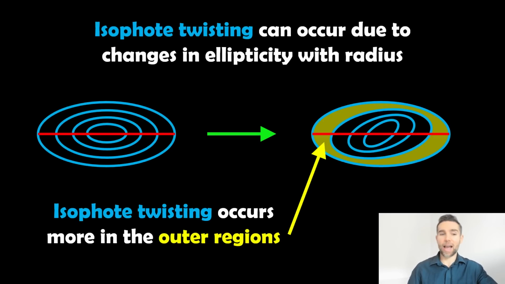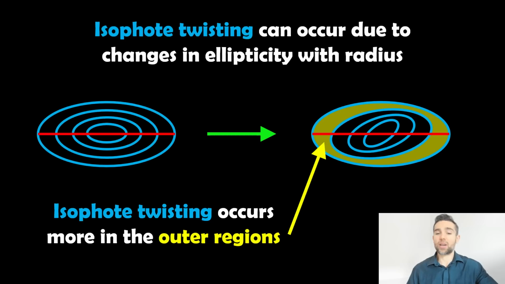Now, that's quite interesting. So we can work out how the ellipticity changes as a function of distance. Most of them are showing that they get more elliptical towards the outer part. But we can also look at the angle between those isophotes. If they're all perfectly aligned, then it will look like on the left there. So all those elliptical isophotes have the same major axis, but you can get a twisting occur.